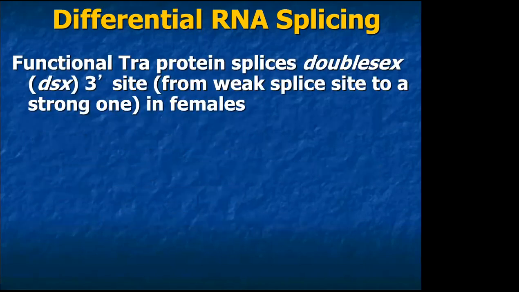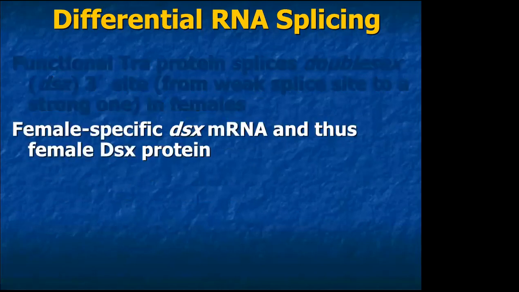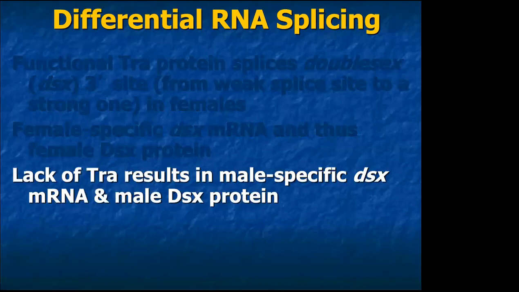The next gene in the cascade is referred to as double sex. The TRA protein, if a functional one is present, results in a splicing of the double sex gene, which will permit female development, female morphology. If you have a non-functional TRA protein, you don't get the alternative splicing occurring, the result is a male phenotype, resulting in the male-specific double-sex protein.